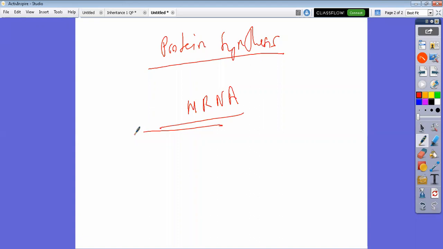What's the difference with an mRNA? We talked about it before. What is not existing? So you can write that in mRNA, there is no base T. The T is replaced by what?